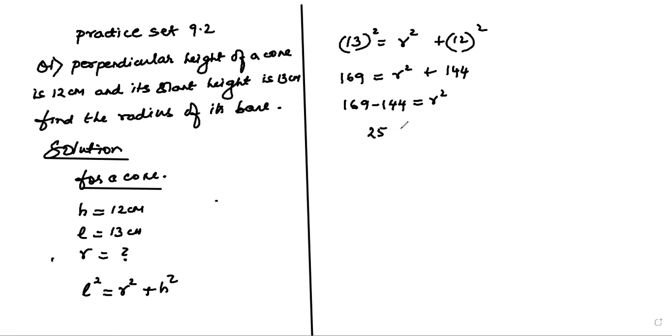So 25 is equal to R square. So R is equal to square root of 25, 5 centimeter. So the radius of the base is 5 centimeter. Very simple sum, children. We go to the next question.